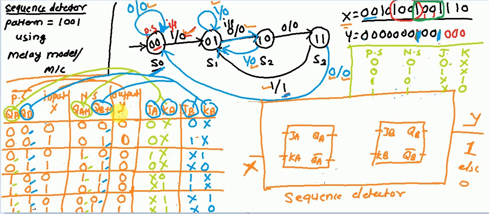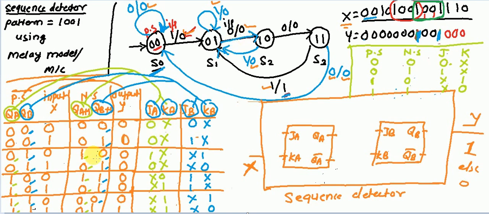Next, here next state is S1. Here S1 is also defined with 0 and 1. So here 01 state with input 0 reaching to 10 and generating output 0.